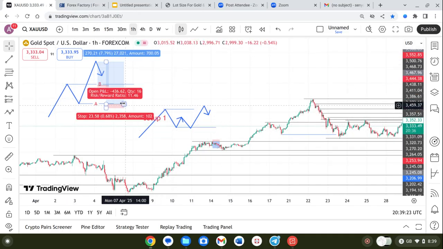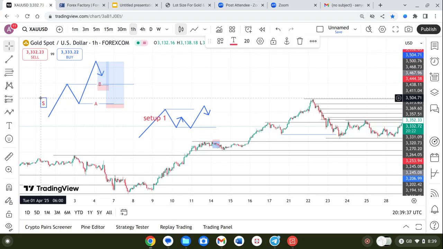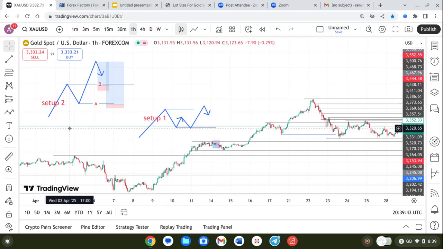Now we've seen setup 2. So let's call this setup 2, or strategy number 2. Honestly, I don't like giving names to my strategy because it's basic knowledge.